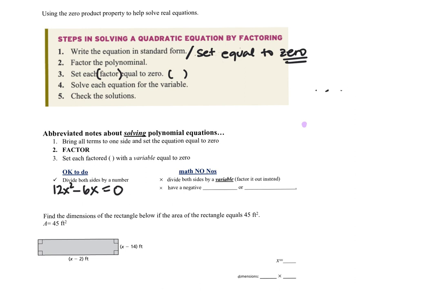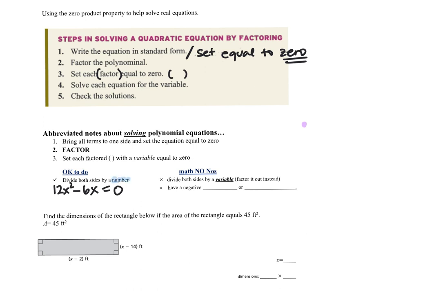So let's see, what are you allowed to do once you've written your equation in standard form or set it equal to 0, you've factored your polynomial, you've set each factor or each set of parentheses equal to 0, and you've solved each of those. What is it you're allowed to do on the way? Well, it is okay to divide both sides of the equation by a number.